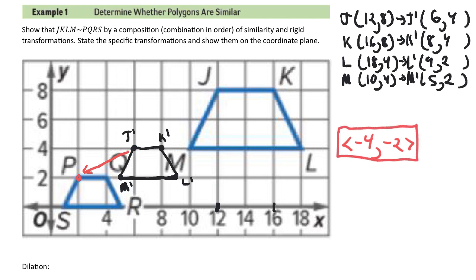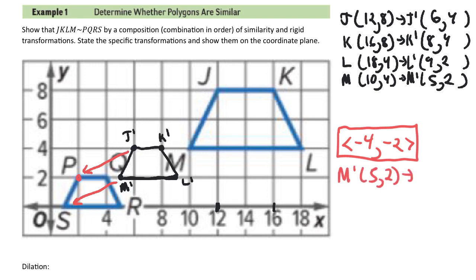Let's see if that holds for M getting to S. Well, where's M? M prime is at 5, 2. Where's S? S is at 1, 0. Here, let's write that. M prime is at 5, 2.